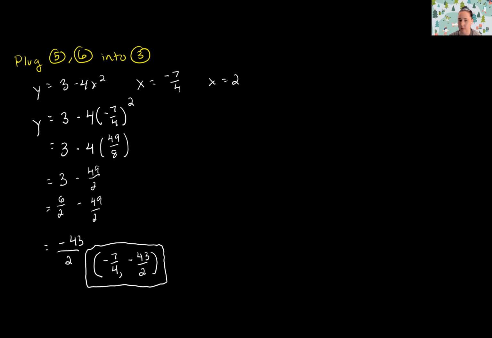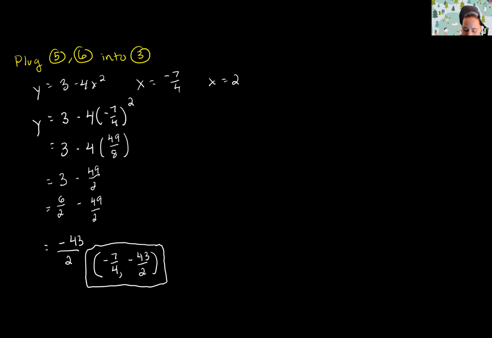And I'm going to put in my calculator just to verify that I didn't make any errors with my arithmetic. I got negative 37 over 4. So where did I go wrong?